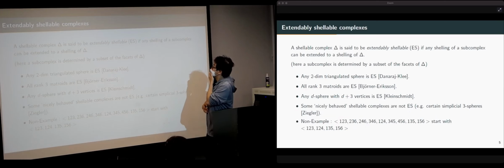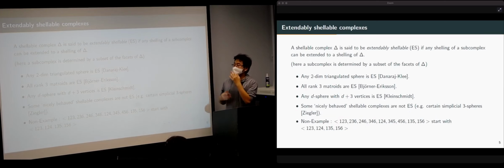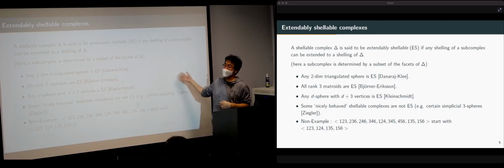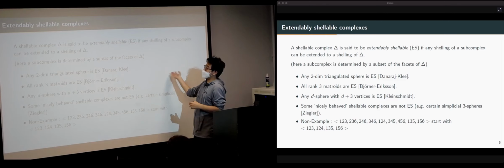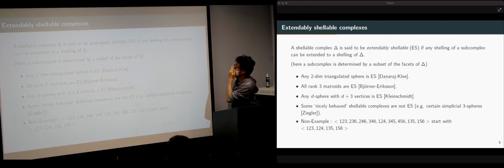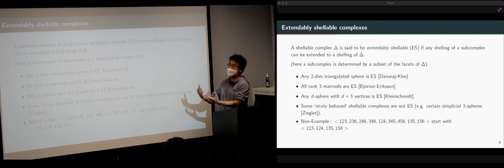Now, a natural question to ask, just from the way shellable complexes are defined, because remember the definition of a shellable complex is: given a chunk, can you add a new facet so that the intersection is nice? So a very natural question is this notion of extendably shellable. That is, if you have a shelling of a subcomplex, can it be extended to a shelling of your complex?